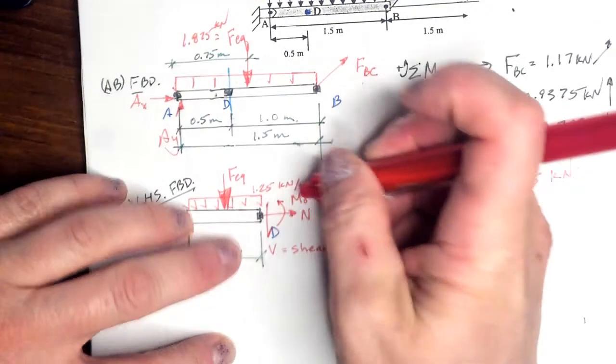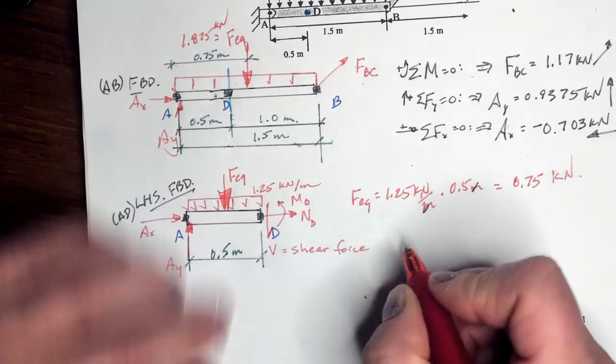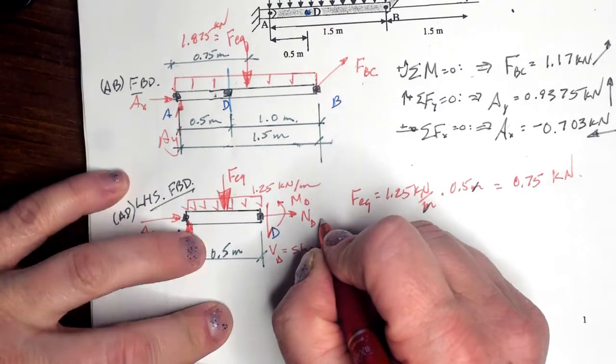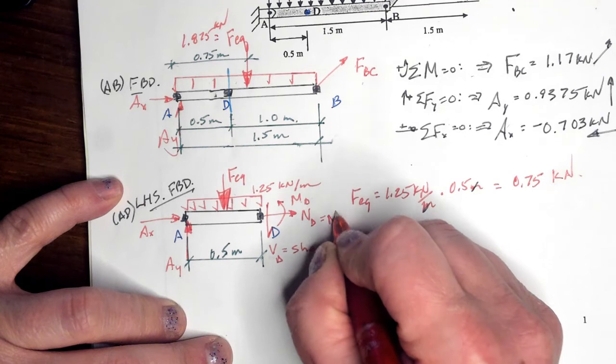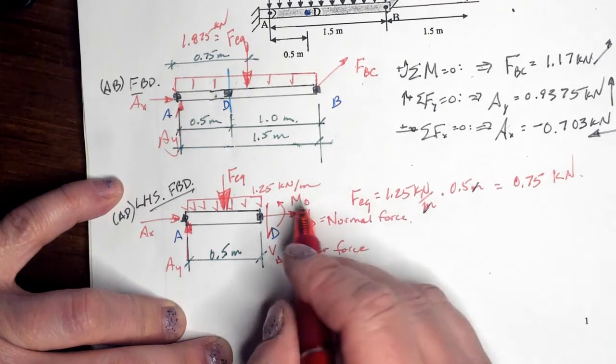Okay, and all of these we could put a little subscript of D on them because they're all at D. So this is our normal force and our moment.